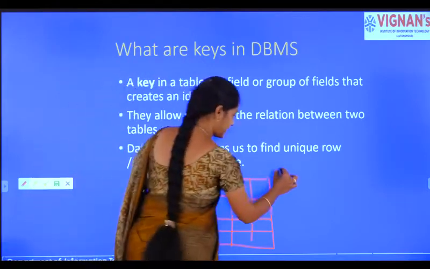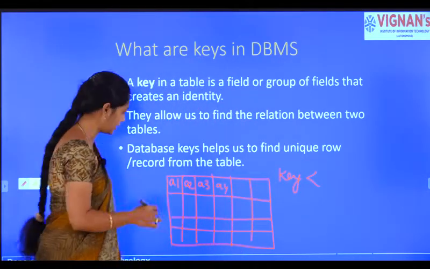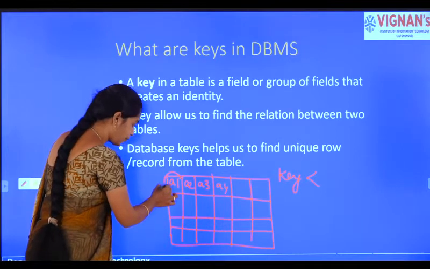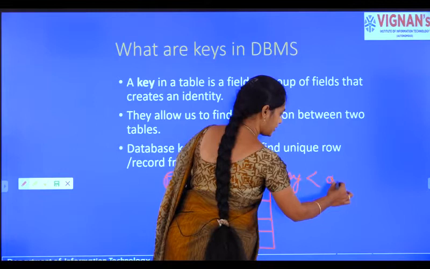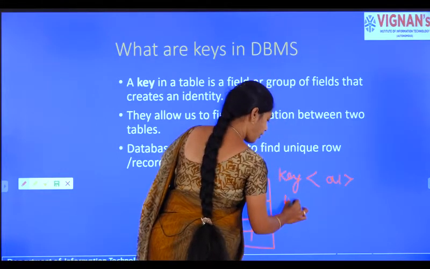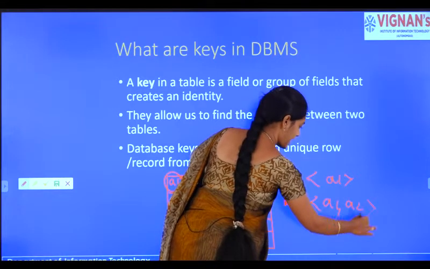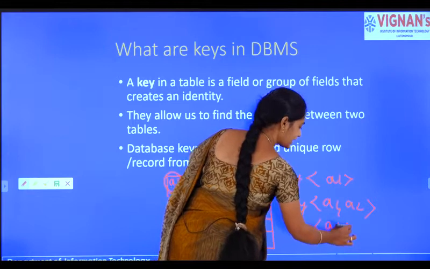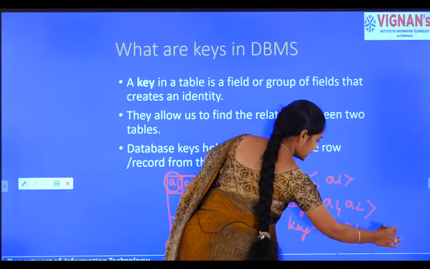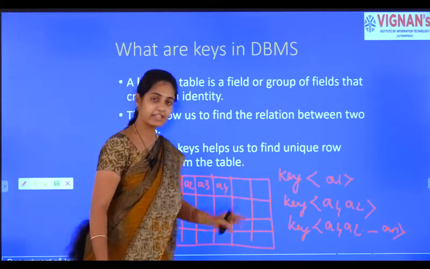A key can be designated in such a way that you can consider one attribute or a set of attributes. What is a set? A set is nothing but a collection of attributes. So we have selected the attributes here.